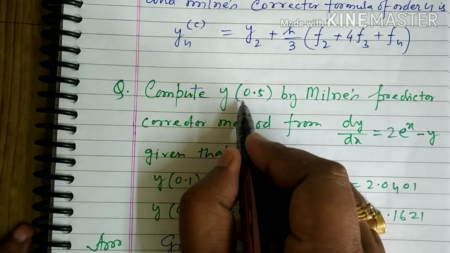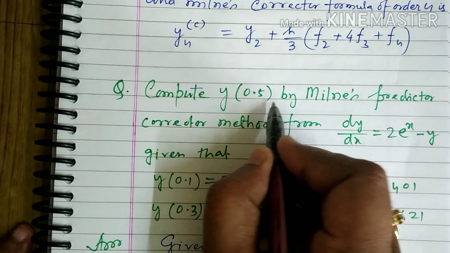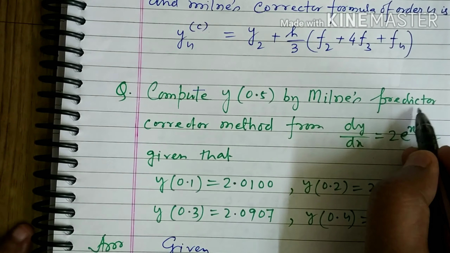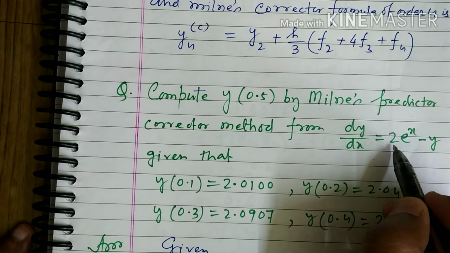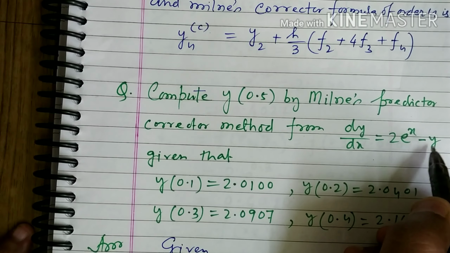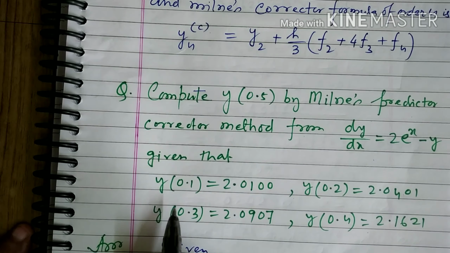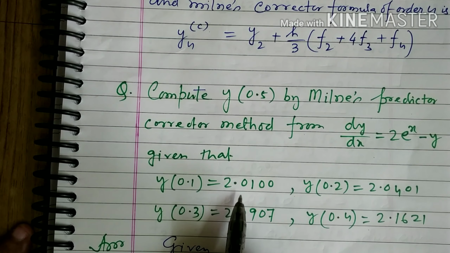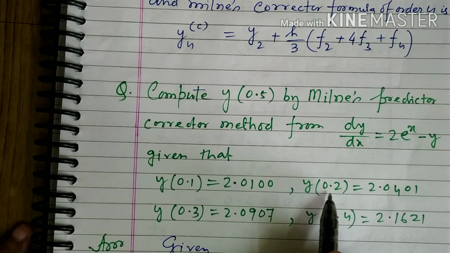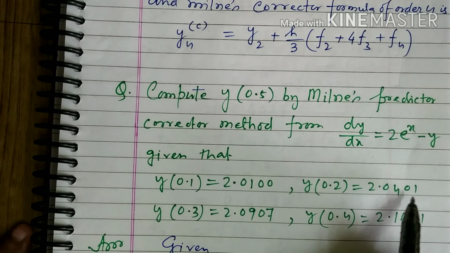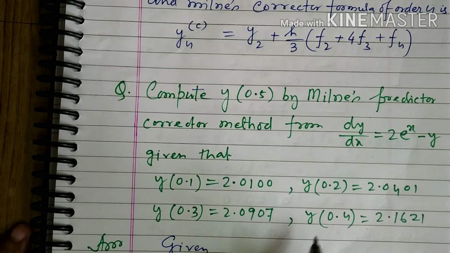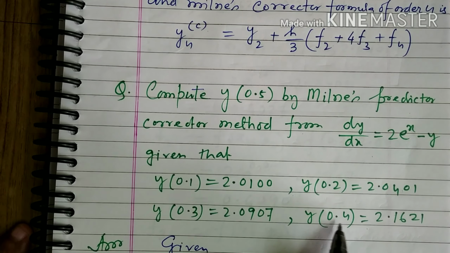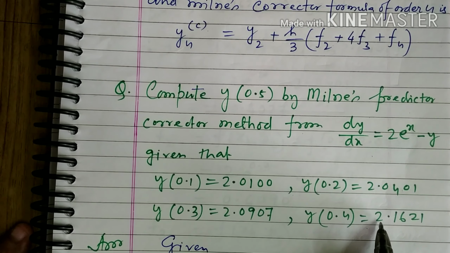Compute y at x = 0.5 by the Milne-Simpson predictor-corrector method from dy/dx = 2e^(x-y), given that y(0.1) = 2.0100, y(0.2) = 2.0401, y(0.3) = 2.0907, and y(0.4) = 2.1621.